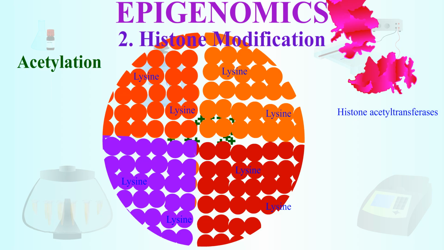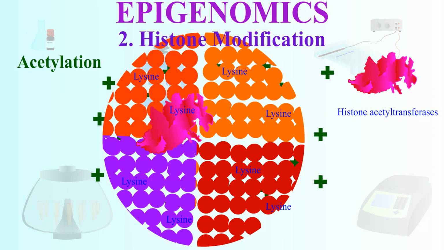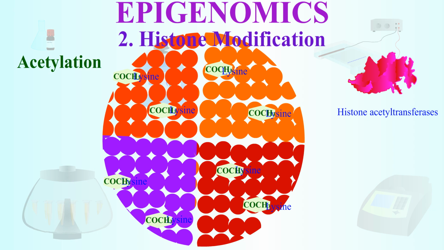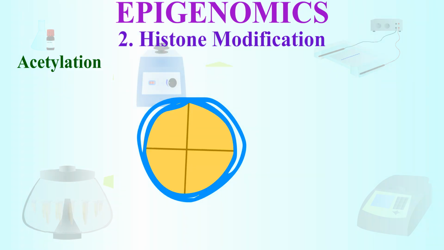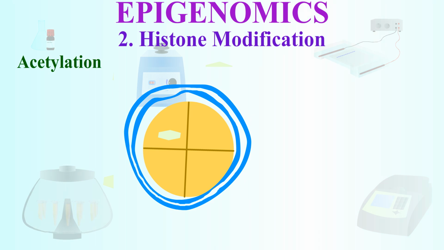It involves the addition of acetyl group with the help of enzymes called histone acetyltransferases, or HATs, to the lysine residues on histone proteins, which reduces the positive charge on histones and weakens their interaction with negatively charged DNA. This results in the tightly coiled chromatin becoming less compact, or going to the euchromatin phase. That allows the transcription factors to access the DNA and initiate gene expression.